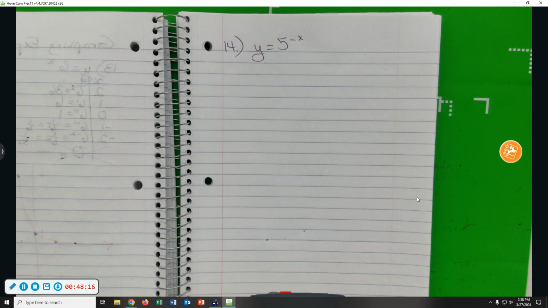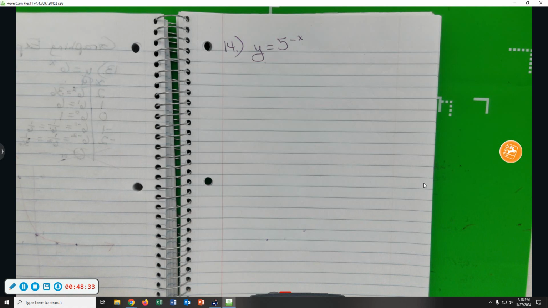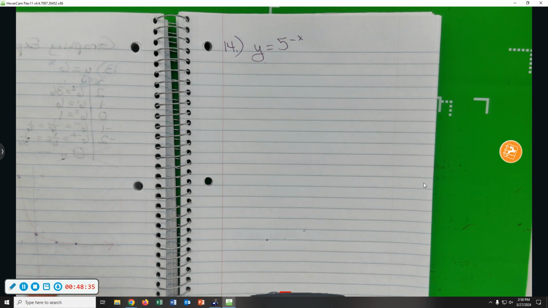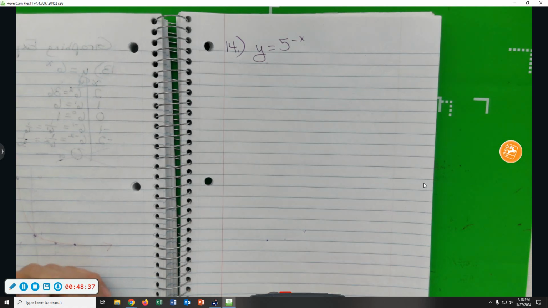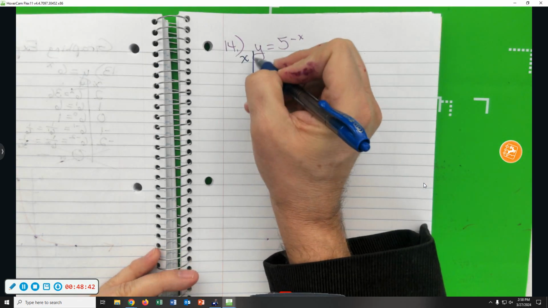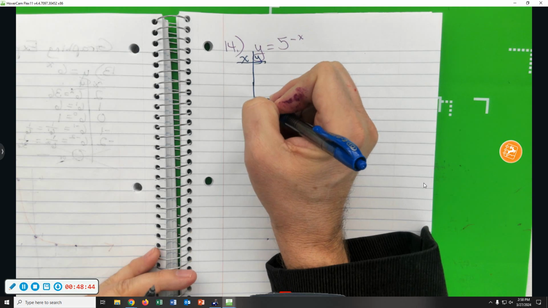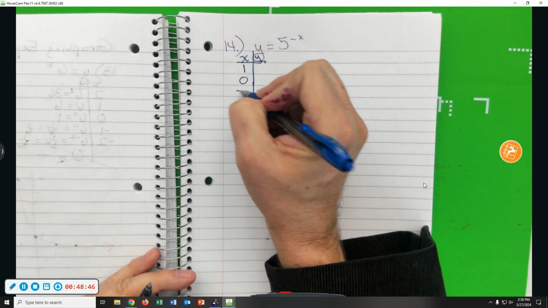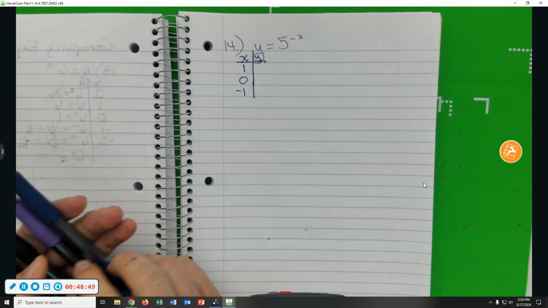If you remember the generalization that one side is real steep and one side is real flat, you can probably get by just using 3 points. Plug in 1, 0, and negative 1. That should be sufficient. Let's try that. If it isn't sufficient, if you can't tell what's happening, then we'll plug in other numbers. But I bet when we plug in 1, 0, and negative 1, you'll see a pattern there.